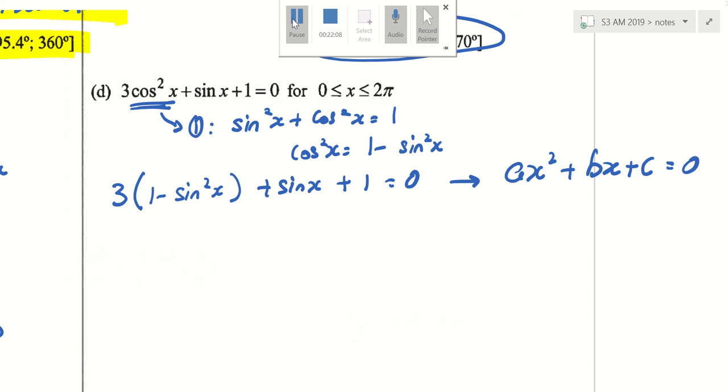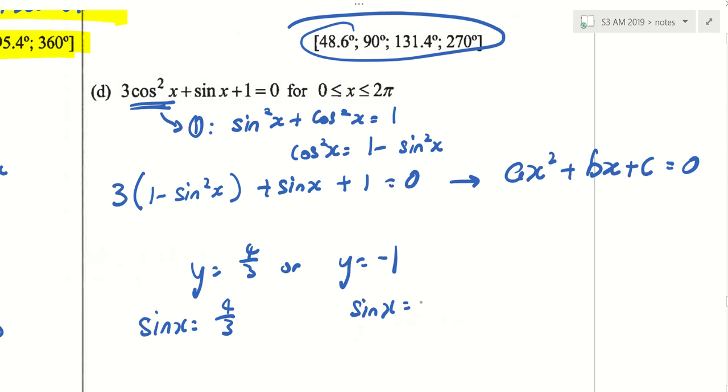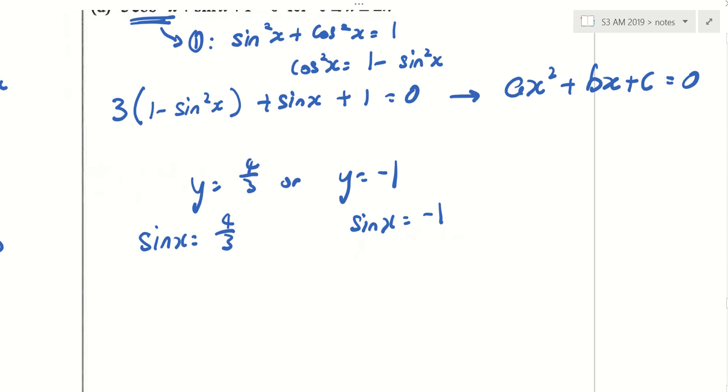Now, I believe many of you have this like that, right? So then after that you write sine x equals 4 over 3. Sine x equals minus 1. Now some of you still confused on this part how to continue. Like when is there an answer, when do I need to reject.